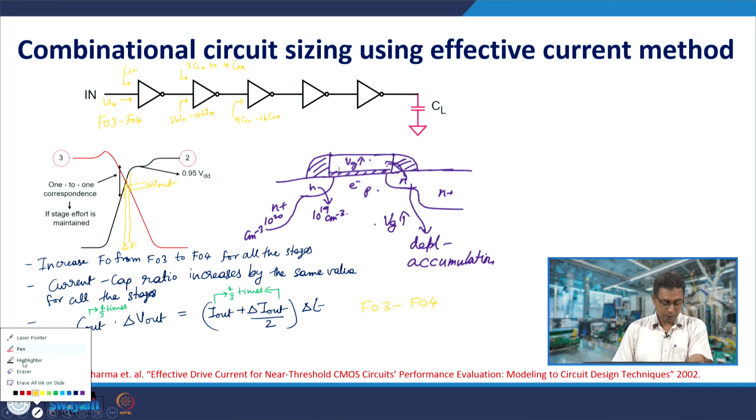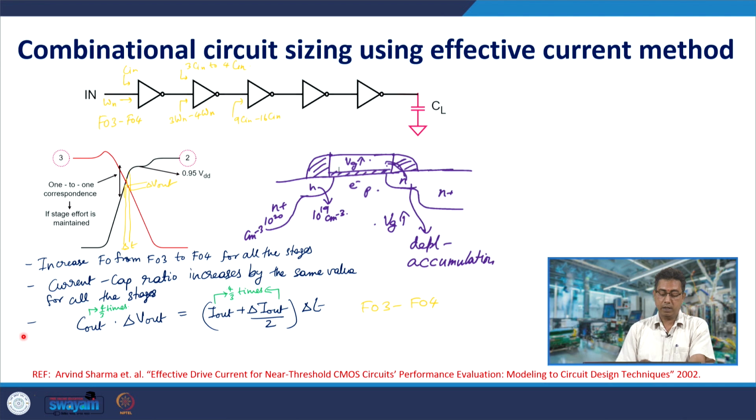So, what we would see is that the current drive also increases, and because of this reason, C out increases by 4/3 times for all the stages.